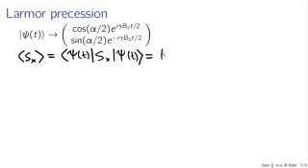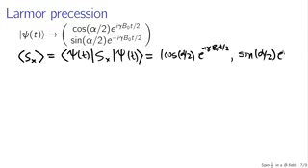So I can write that as cosine of alpha over 2 e to the minus I gamma b0 t over 2. And I'll put a comma in here to signify the space between the two components of my row vector. Sine alpha over 2 e to the I gamma b0 t over 2.